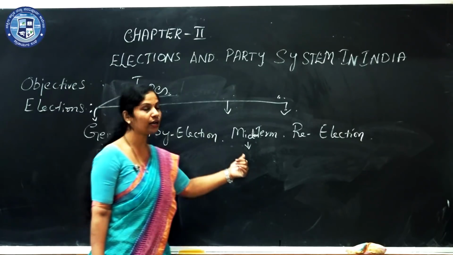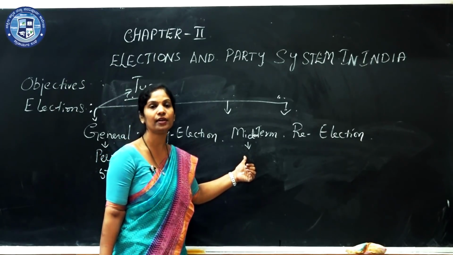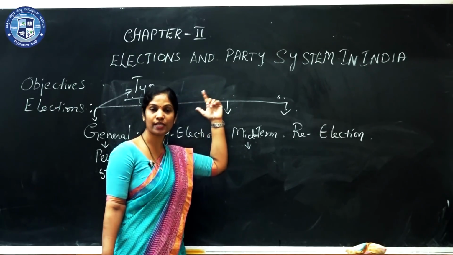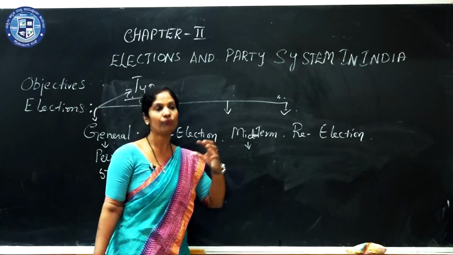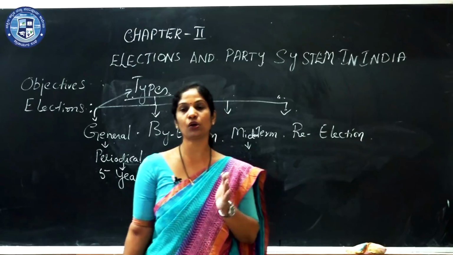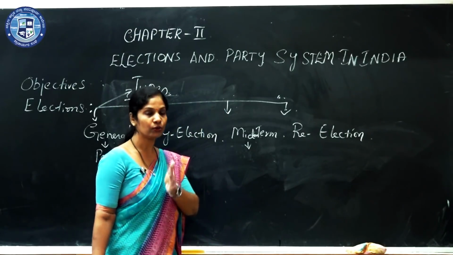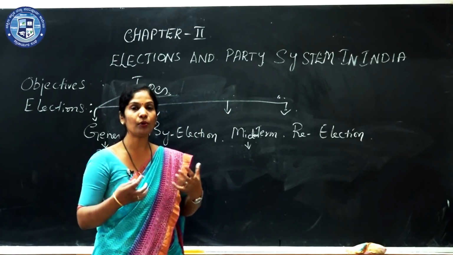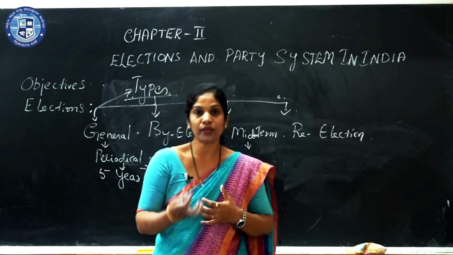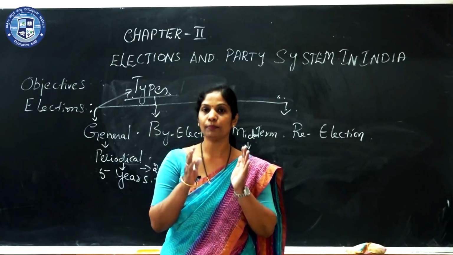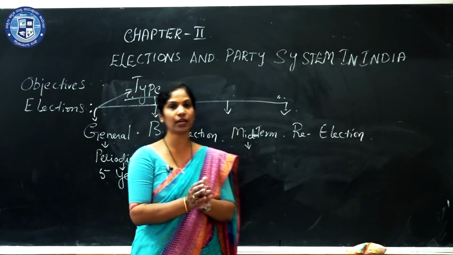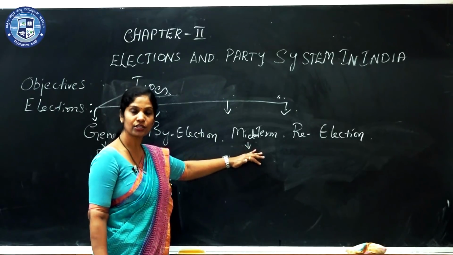Because if the government which has been elected by the people fails to remain in office, or loses the confidence of the house during that time, and no opposition party is eligible to continue with the government, then the midterm election becomes inevitable. That election is known as the midterm election.